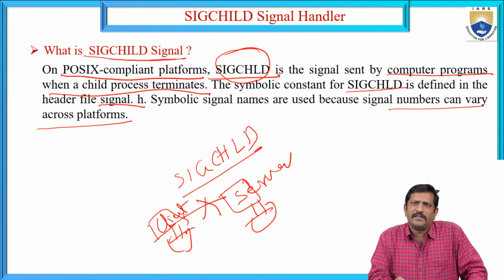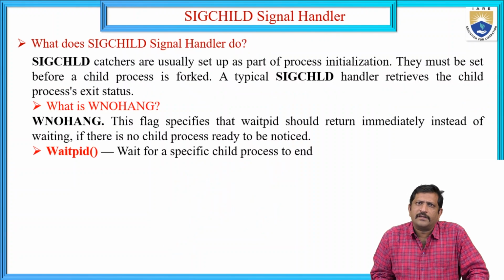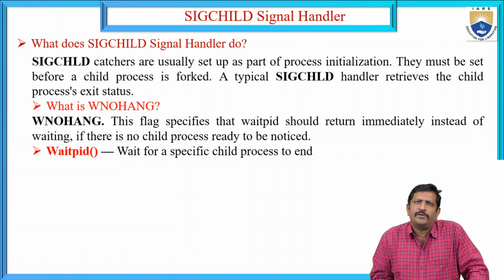When the child process is terminated, we send it as SIGCHLD, the symbolic representation, sequentially sending the signals. What does the SIGCHLD signal handler do?